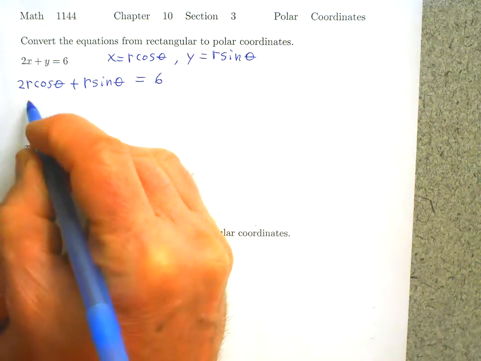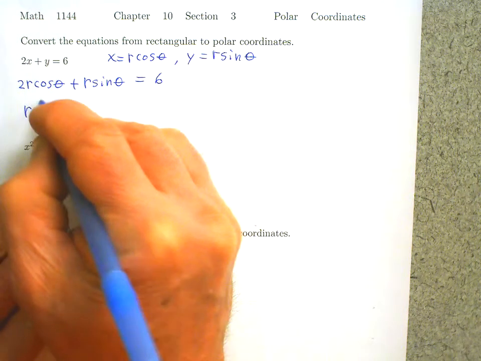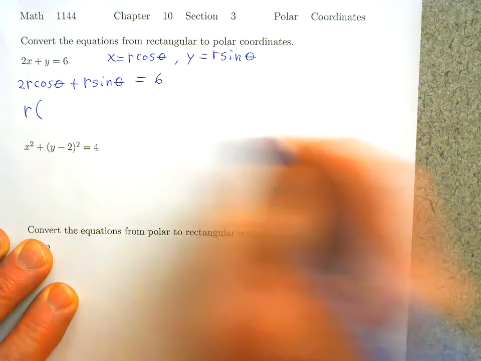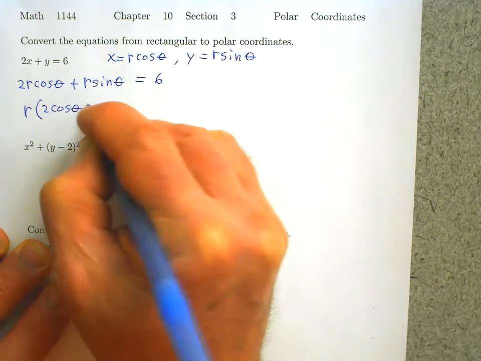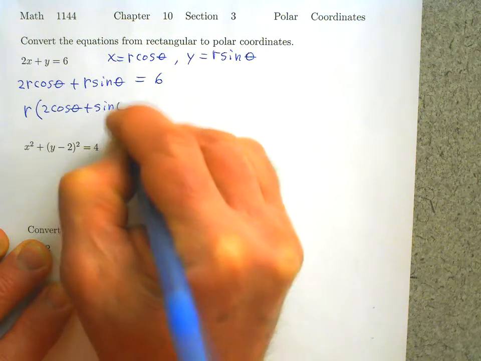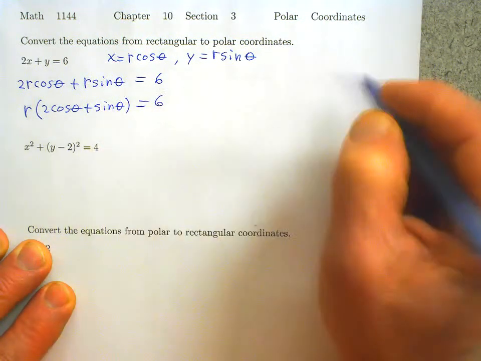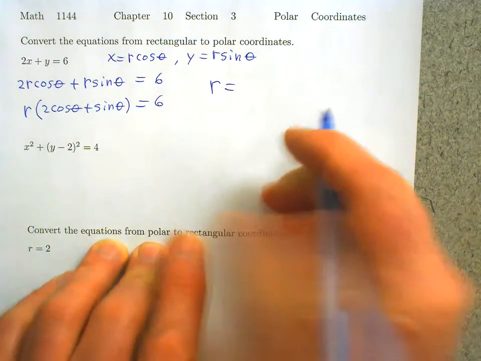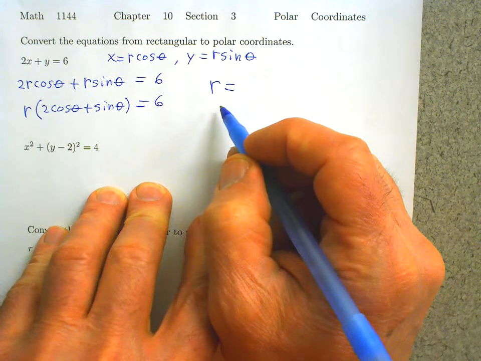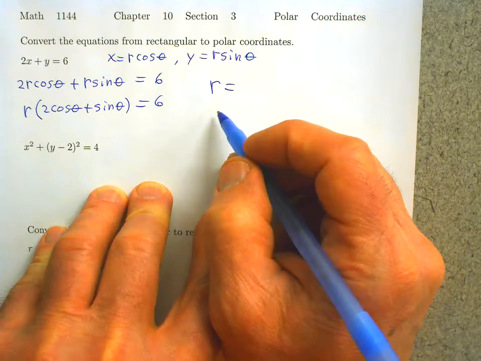And we'll factor r out of each term on the left-hand side, so we get r times 2 cosine of theta plus sine theta equals 6. And then we'll solve for r. So this is often what we do when we write equations in polar coordinates.